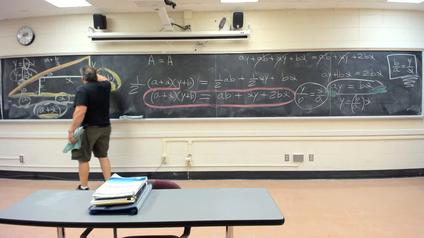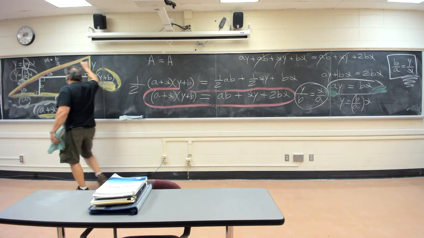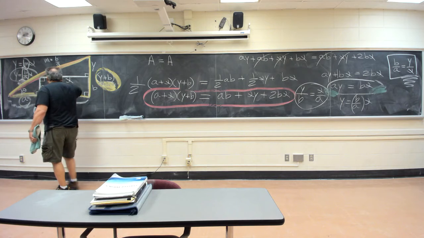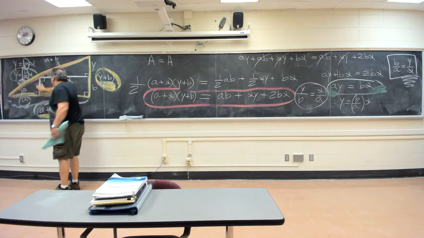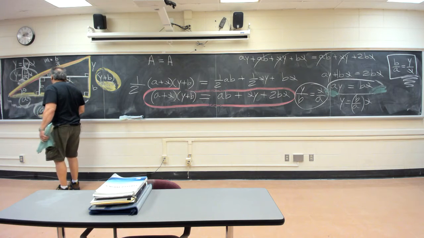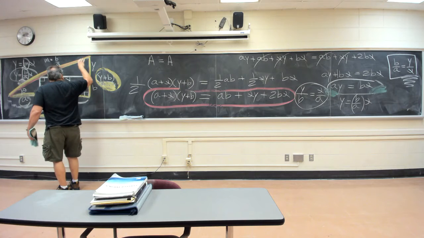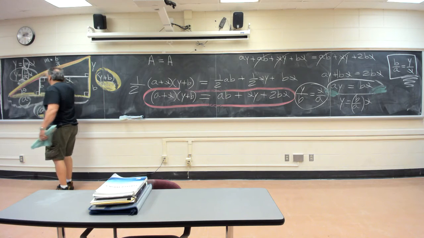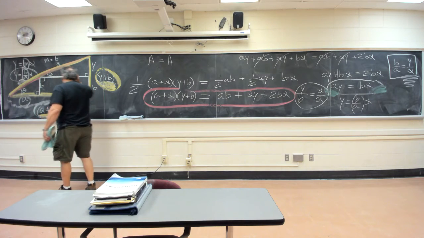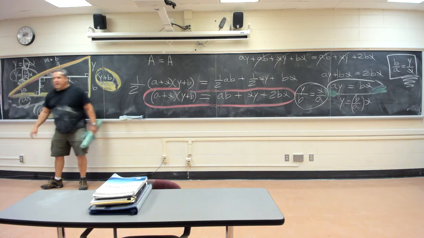We also said other stuff. We said the large rise divided by the small rise is a ratio equal to the ratio of the long run divided by the short run.